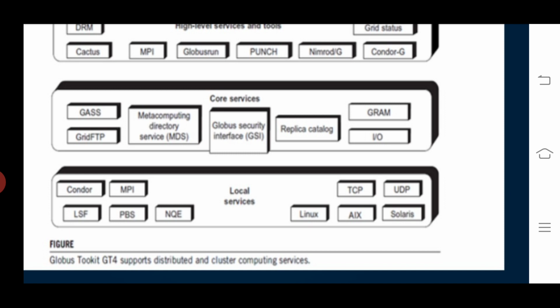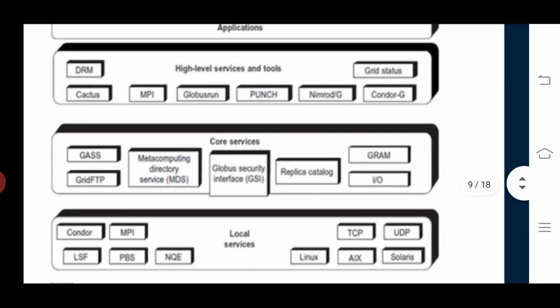The high level services and tools, such as MPI, Condor-G, and Nimrod-G, are developed by third parties for general purpose distributed computing applications.